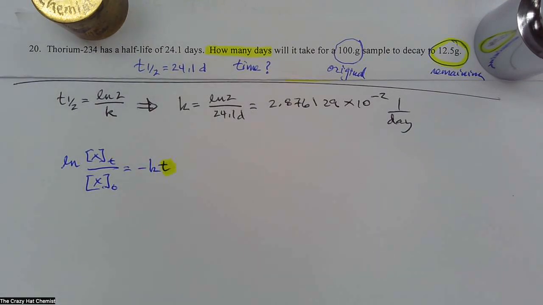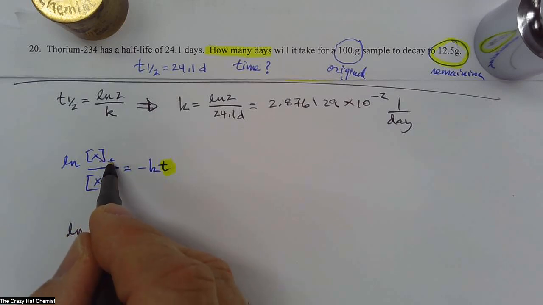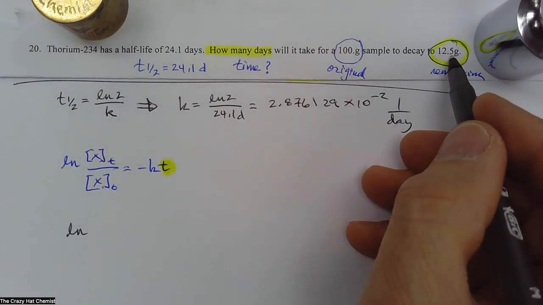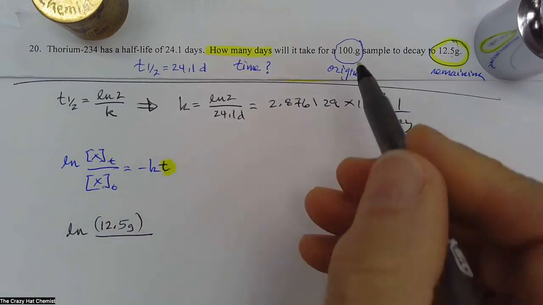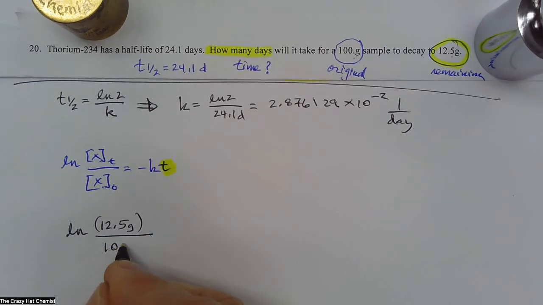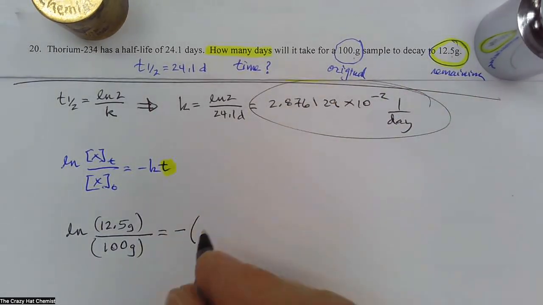So this isn't actually too bad, to be perfectly honest. x sub t is the amount at time t, which is 12.5 grams. And then we have the original amount, that's 100 grams, and that's equal to negative k, which we just solved for.